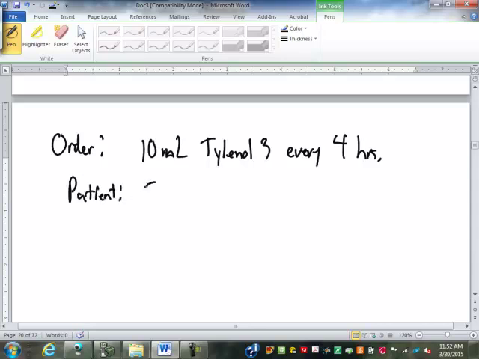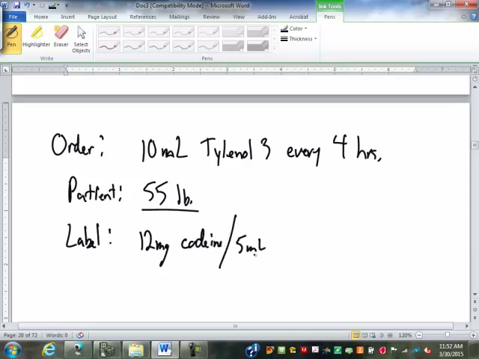Patient weighs 55 pounds. Label on the bottle states 12 milligrams of codeine per 5 milliliters of fluid.